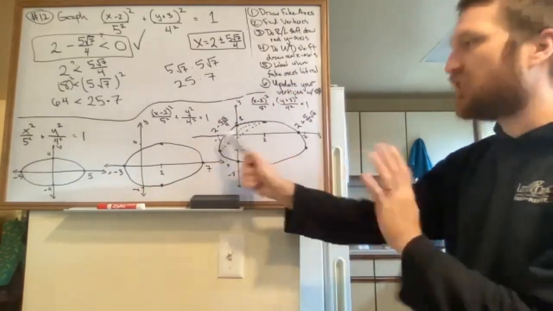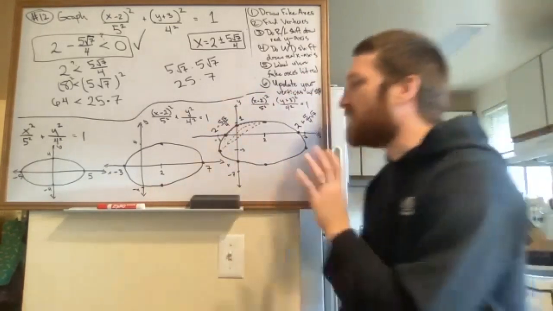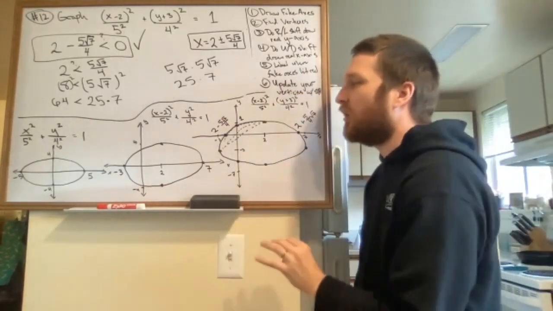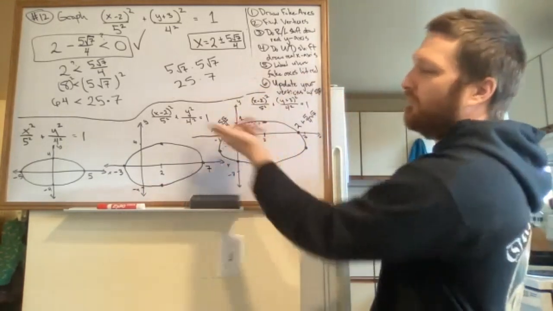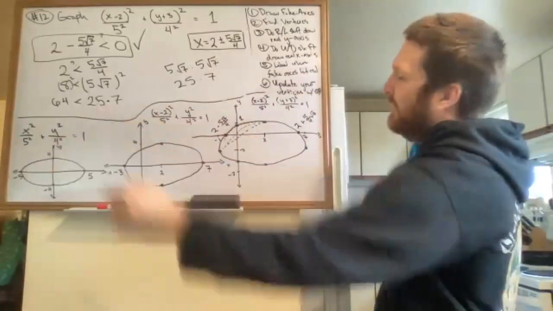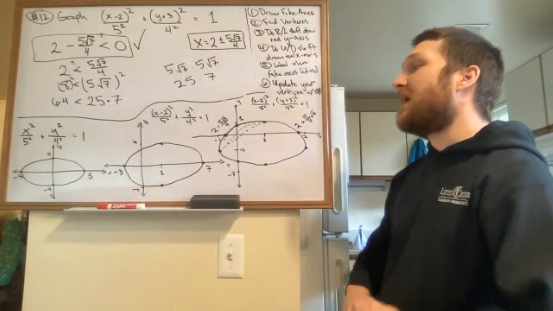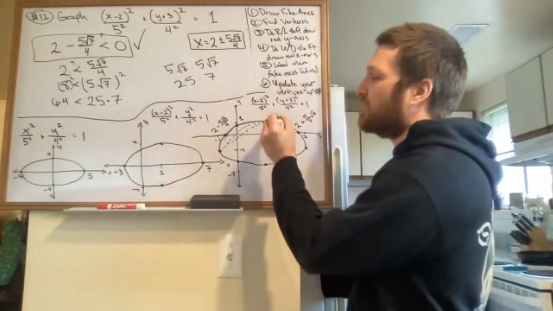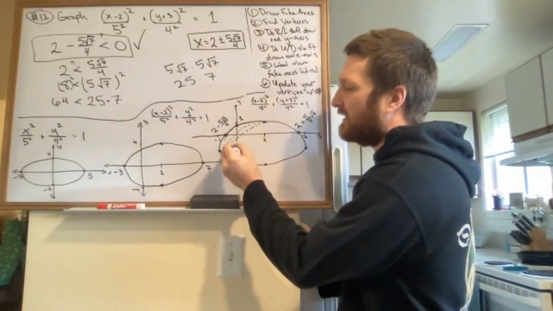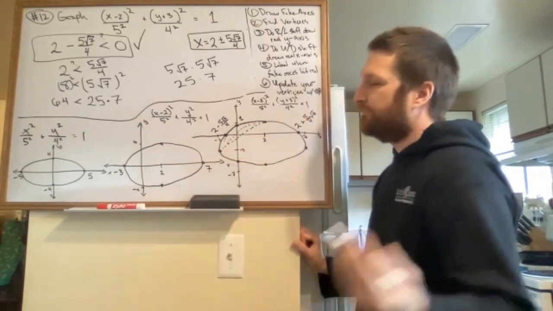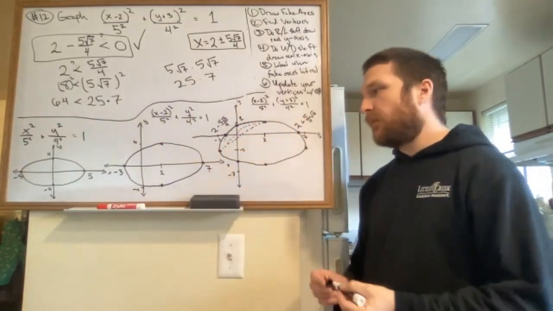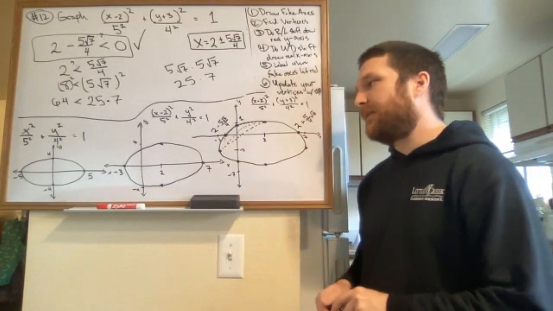But you do need to check, because trust me, you will have problems in your homework where you think the minus one is over on the negative side, and this is that. And it turns out, no, you actually drew the wrong picture. It actually does something like this and comes through like that. So yeah, be careful with that.